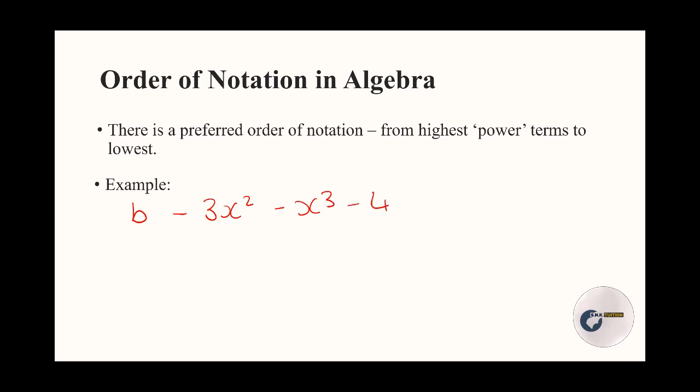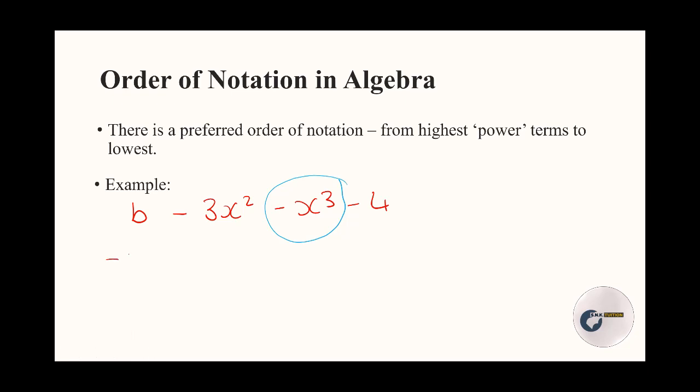Well, the preferred order of this expression is actually going from the highest, so that would be this value here, to the lowest. So can you see how I've made a note of the sign in front of it?